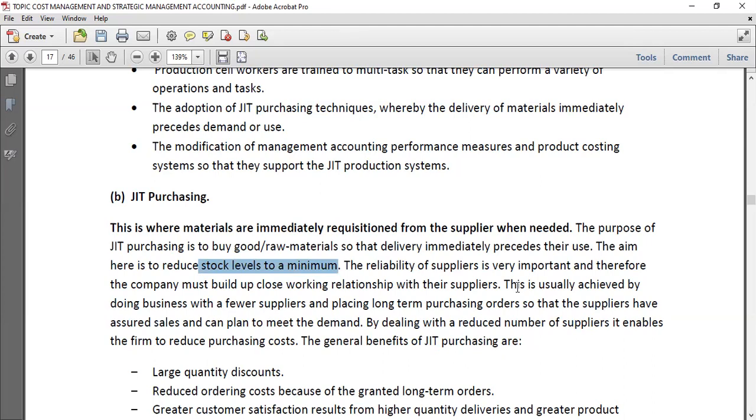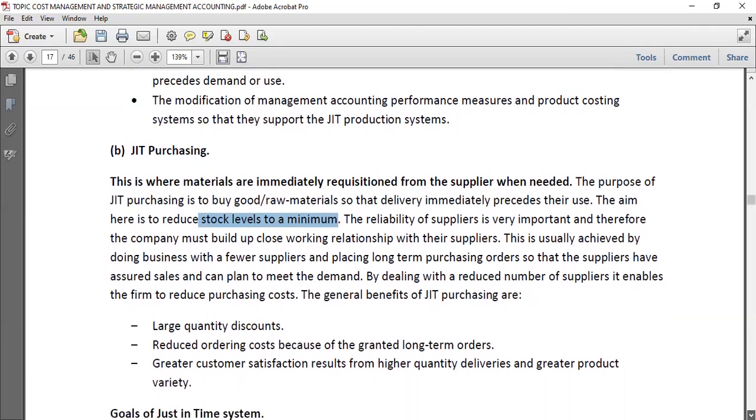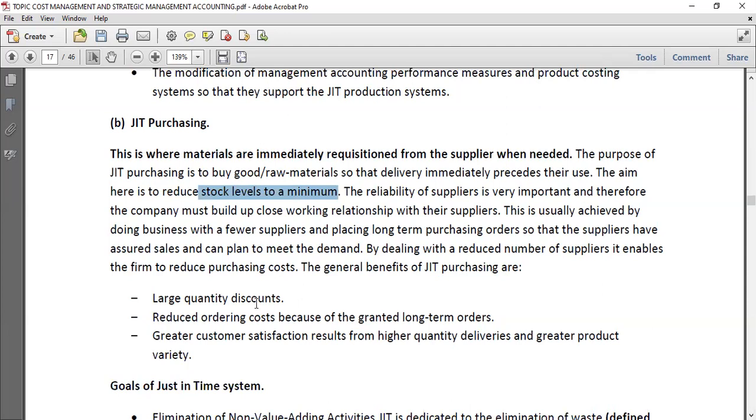And then with JIT purchasing, we also have large quantity discounts. Remember, with the JIT system, it means that we are ordering at a point in time when we already have, let's say, a customer who is interested. It also helps us do a lot of planning when it comes to the demand, so we can enjoy discounts there.